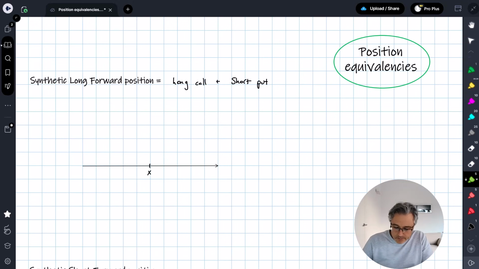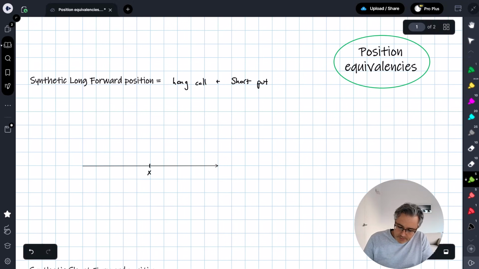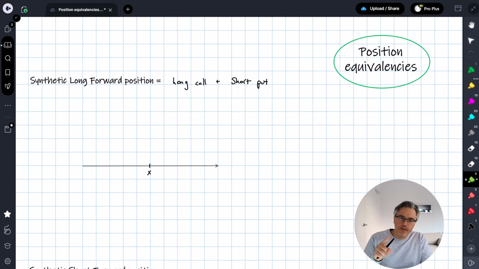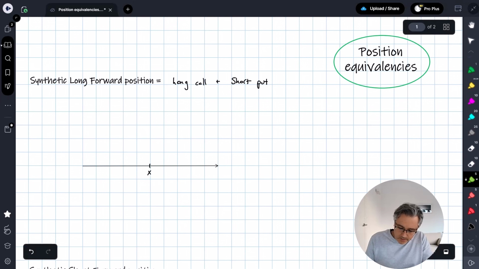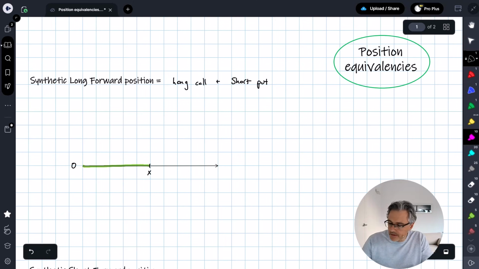Now we're supposed to, given what I just wrote, take a long position in a call option, so basically buy a call. It's a call with a strike of X, and I care about the payoff profile at the time when the option expires. So at that time, the value of the option is either 0, on the left-hand side of X. You should remember this from level 1 and level 2.